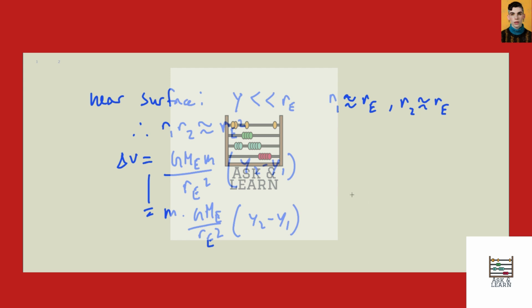And so remember that Newton's law says that the force of gravity is negative G M_E times m over R_E squared.